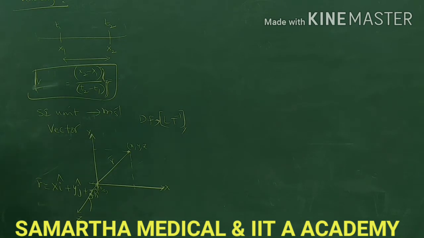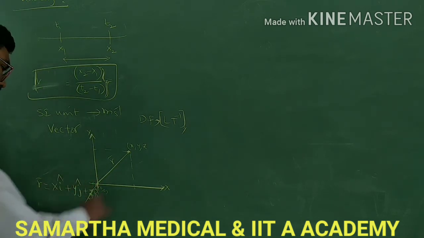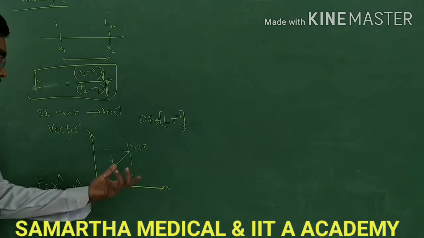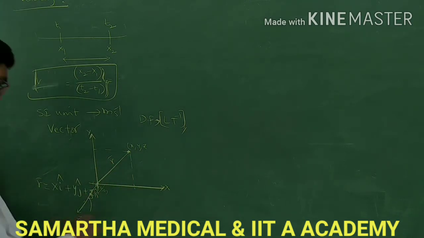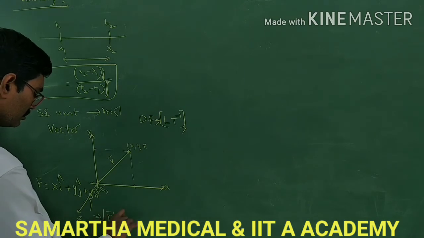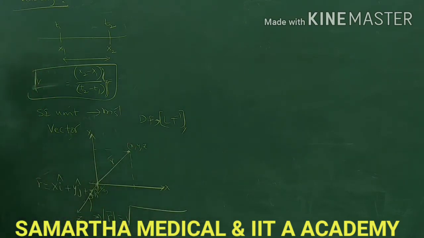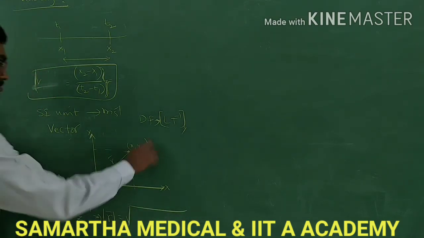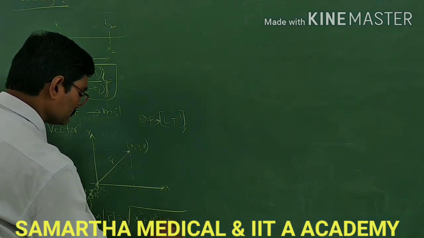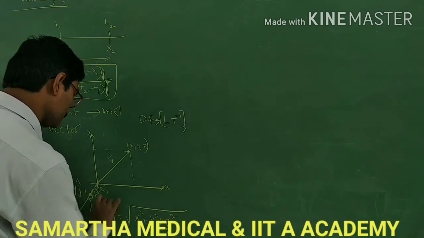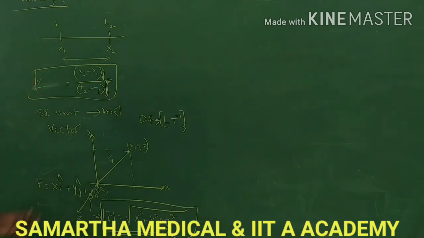Understood? Now how will you find the magnitude of this vector? Square root of i coefficient square plus j coefficient square plus k coefficient square, so x square plus y square plus z square. That is the magnitude of the vector.